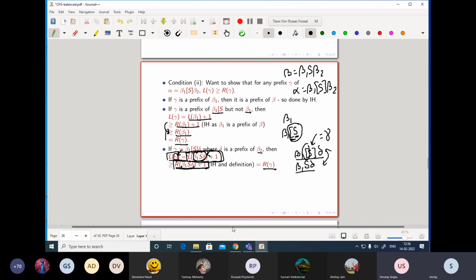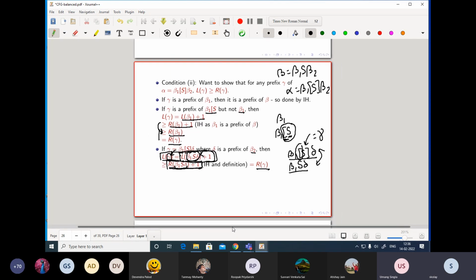So basically what we have shown is that for all three kinds of productions, if you look at the last step of derivation from S to alpha, this beta to alpha derivation, we analyzed these three kinds of productions because of which the last step of derivation can happen. For each case, we have argued that if for beta conditions 1 and 2 hold, then for alpha conditions 1 and 2 also hold.